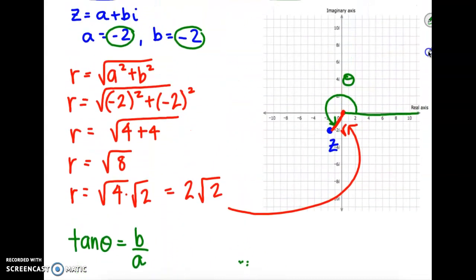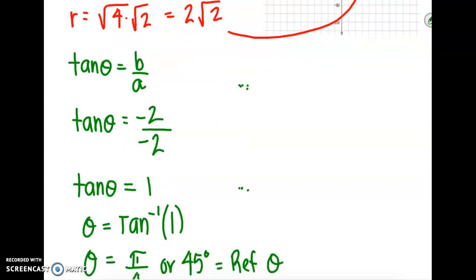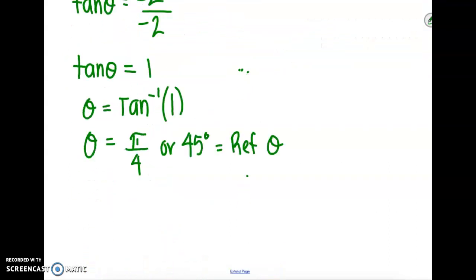If we go back up, this angle is not 45 degrees. It's actually sitting down in quadrant 3. So how do we find that angle? We have to add another distance of pi, or 180 degrees, to get down to quadrant 3. So theta in quadrant 3 is taking our reference angle pi over 4 plus pi, or 180 degrees.